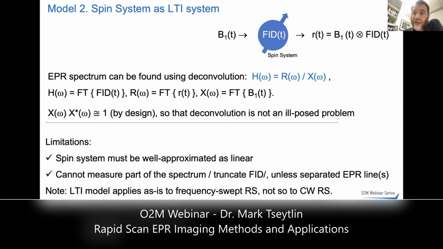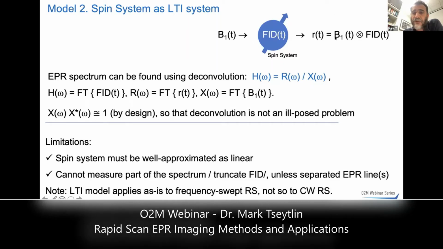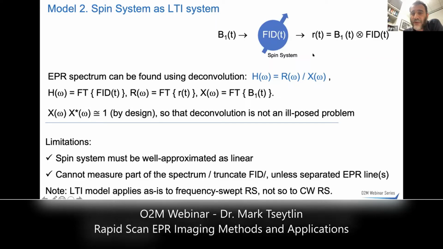Based on that theory, we know that the Fourier transform of the FID is a spectrum. So if we take the Fourier transform of the signal and divide by the Fourier transform of the B1 function of t, we immediately get the spectrum. Kind of problem solved, in a sense.